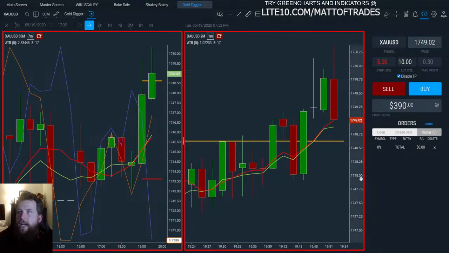What's the trading strategy? Great question. So it's pretty simple. Let me just close this one out real quick. So basically, our orange and blue lines, that's our T and T indicator. When these are pointing opposite directions, we're going to take a trade in the direction of the orange line.